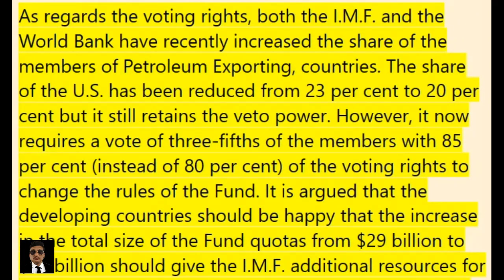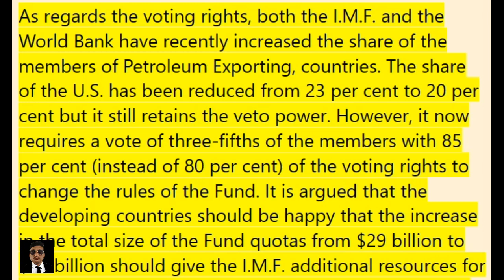As regards the voting rights, both the IMF and the World Bank have recently increased the share of the members of petroleum exporting countries. The share of the US has been reduced from 23% to 20%, but it still retains the veto power.